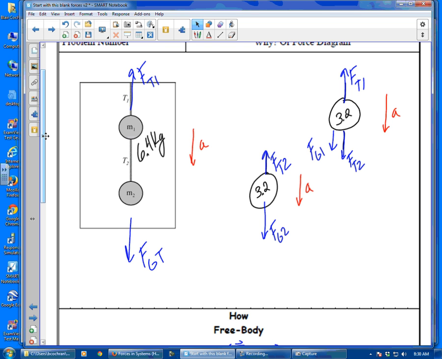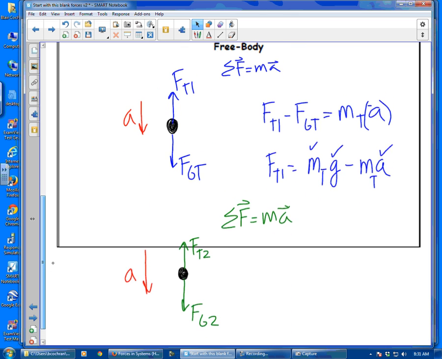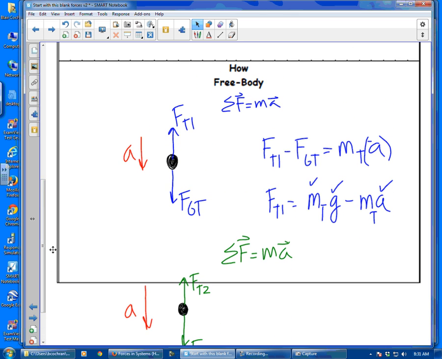So, to do part C, you need to look at your answers for A and B and see which one is creating a greater tension in the top string. And then, in that case, go back to your free body, and you don't know A, but you know FT1 in that case. So it's the exact same setup, except rather than knowing A, you know FT1, and you're solving for A.